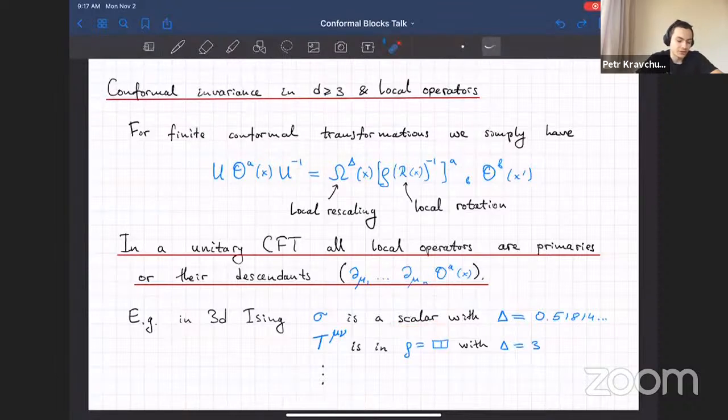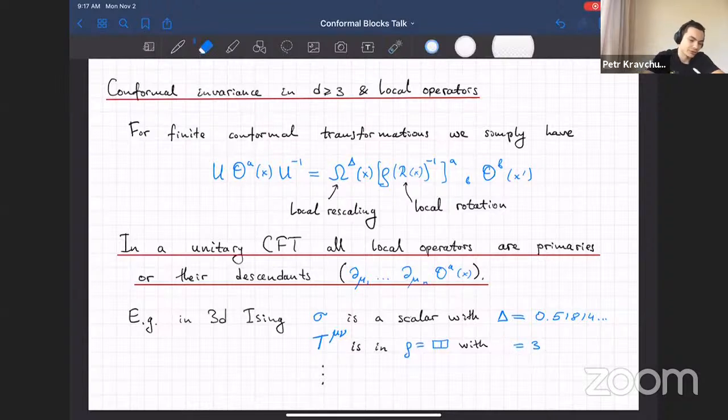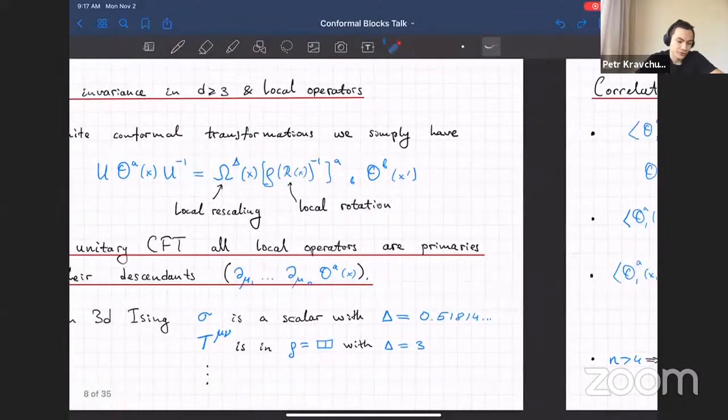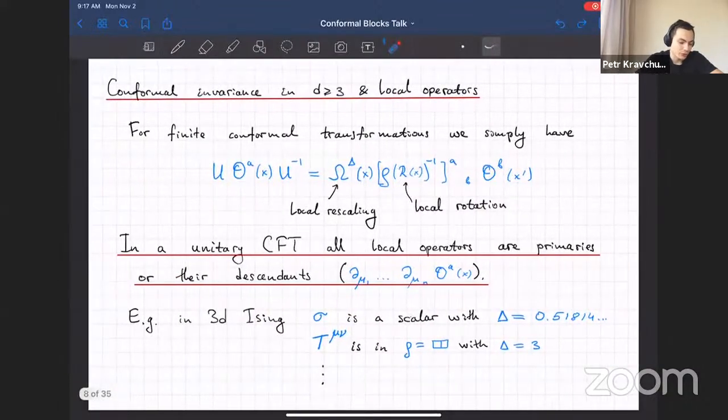But if you take something like T_μν, the stress tensor, it transforms in the spin-2 traceless symmetric representation of the Lorentz group and also has a scaling dimension delta equals 3. So that's kind of the crash course in primary operators and conformal generators in conformal field theory in higher dimensions.